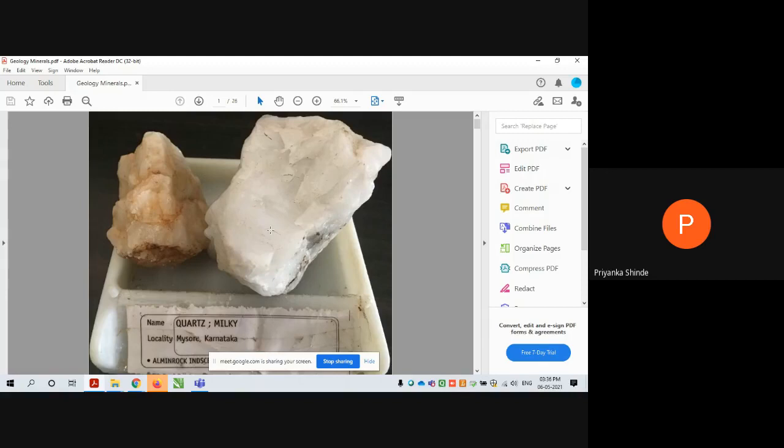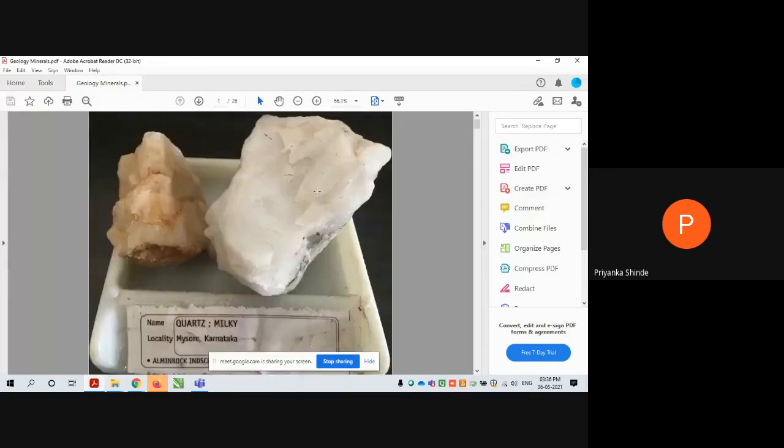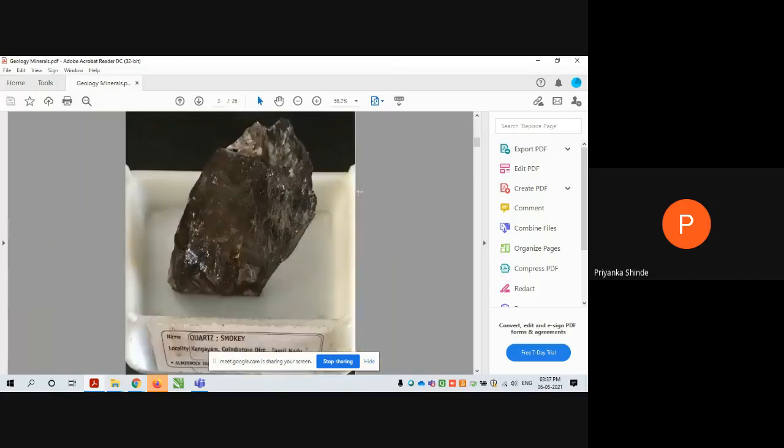Then next is fracture. Fracture is again a distinctive property. It is related to the breaking of the mineral, but other than cleavage, how the mineral is breaking. If you see the broken surface of this, it will break in a curved fashion, that is either conchoidal or concave.